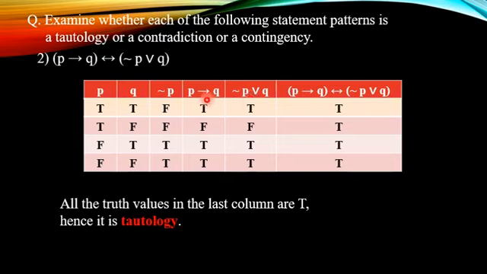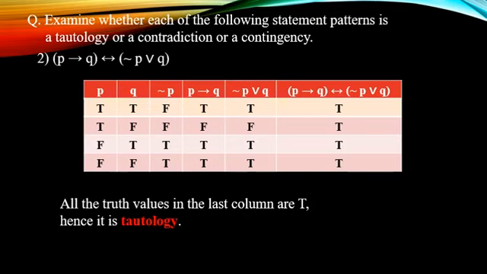That means these two statement patterns have same meaning. Okay, and the biconditional statement of these two is tautology. So from this you should remember that when two statement patterns are logically equivalent, then their biconditional statement will be tautology. Their biconditional statement will be tautology.